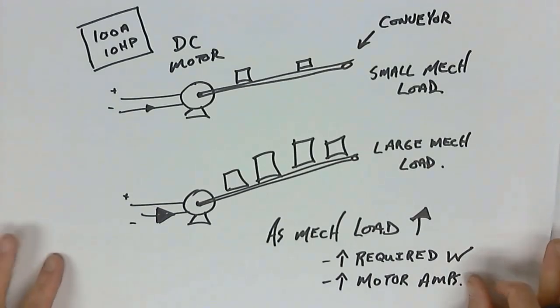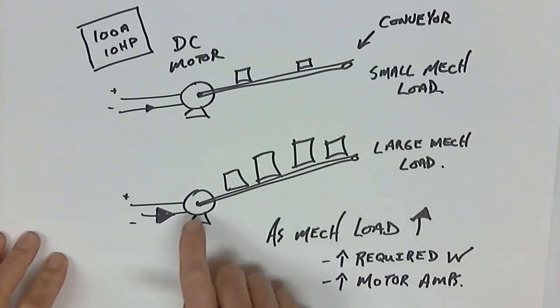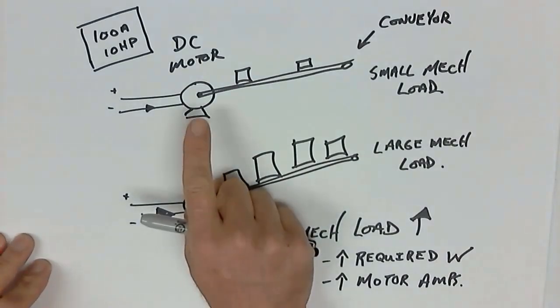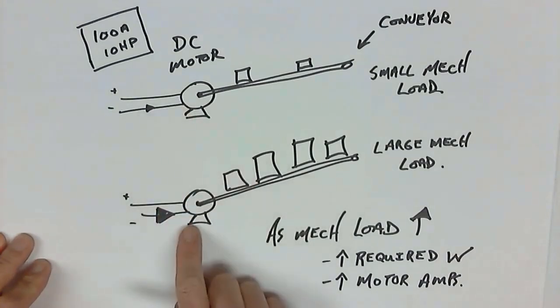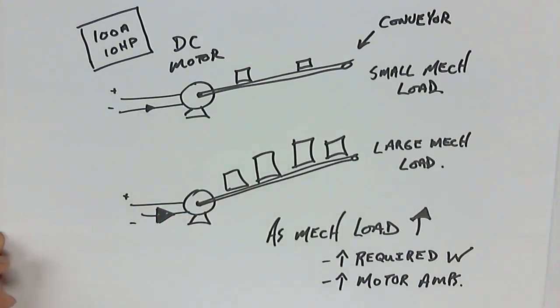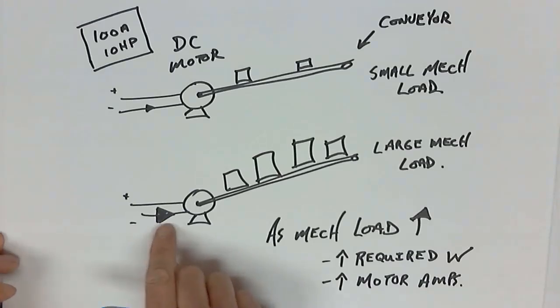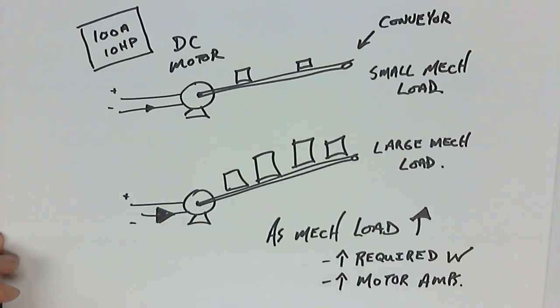How the motor is used within its lifespan can determine how long it lasts, because if I'm regularly underloading it, that means less current, less heat. It's probably going to last longer than something like this, where there's a ton of mechanical load and a ton of electrical current and a lot of heat.